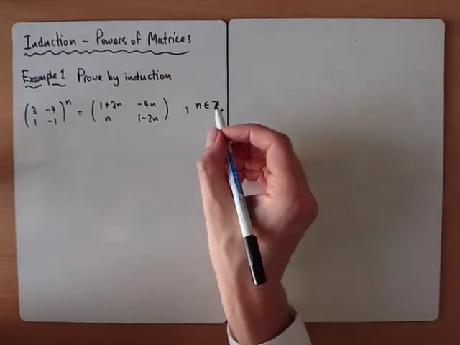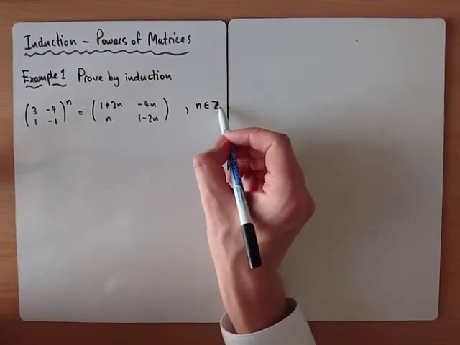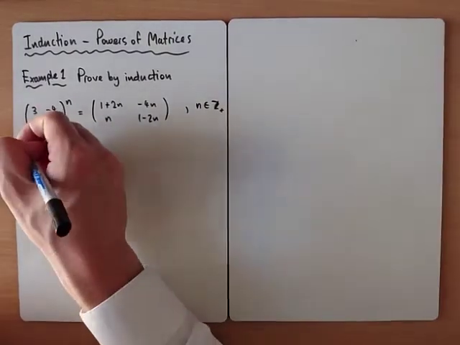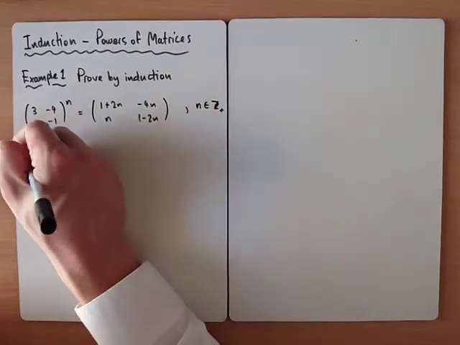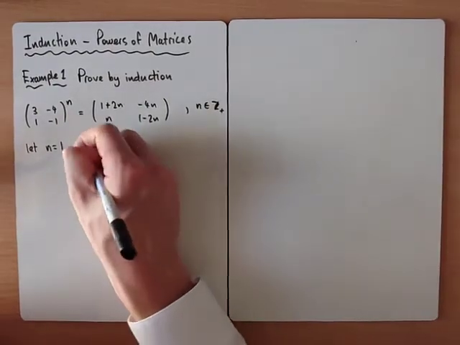Okay, so we're working with Z plus, the positive integers, so it's going to work for the positive integers. We'll start with the first positive integer, which is 1. So let n equal 1.